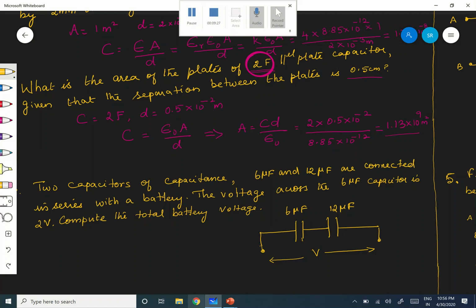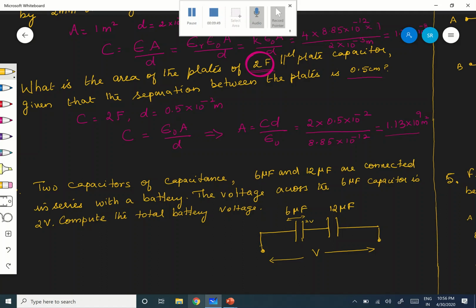The voltage across the 6 microfarad capacitor is 2 volt; the potential drop across it is given as 2 volts.